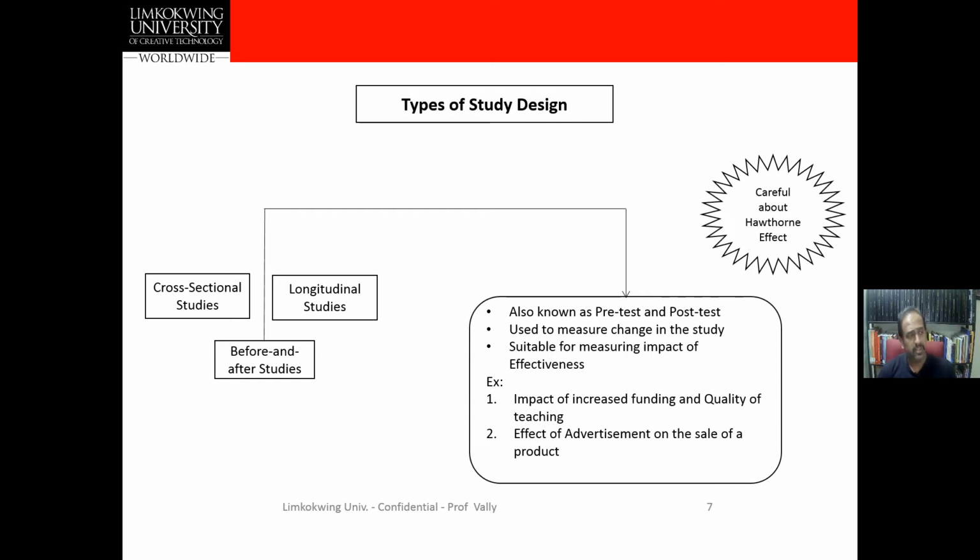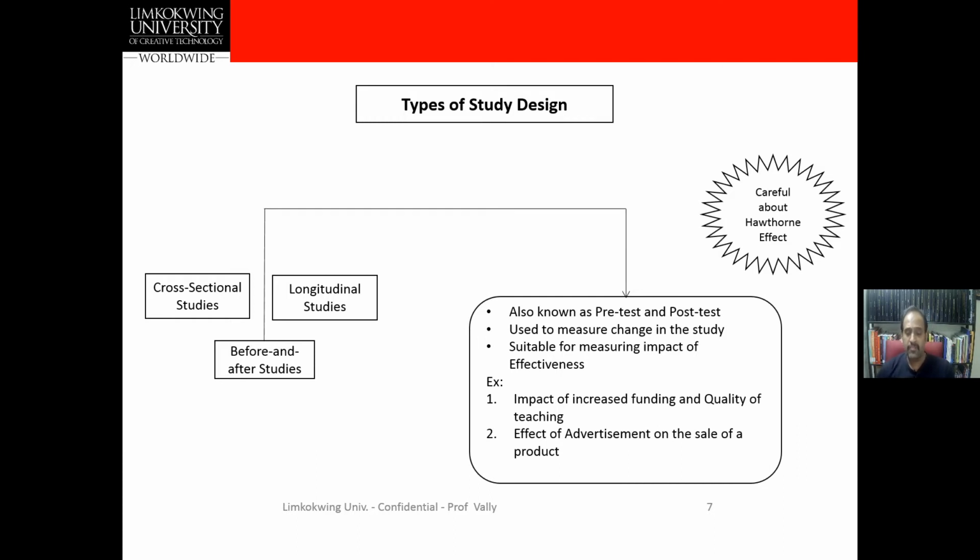Once a teacher is given funding, how is his performance? What was his performance before funding? So I do a research before and after. I would like to know what his performance was before he got the funding, and after he got the funding, how was it? What is the differentiation? What is the transformation? So this is called a before and after study.